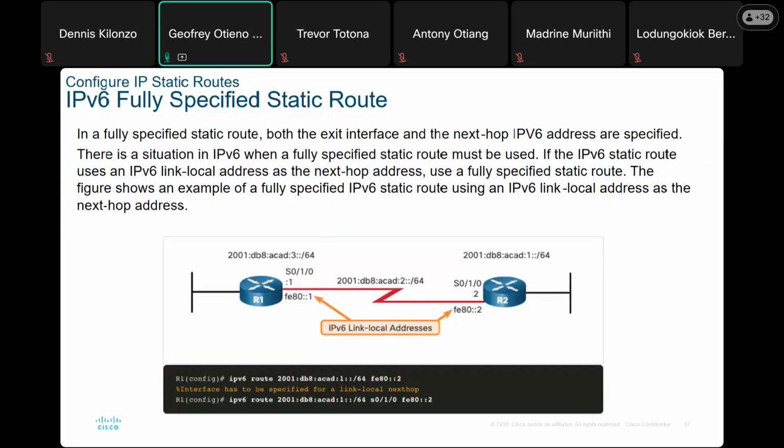The order is the exit interface, then the IP address, the way you have been doing configuration. You cannot just say you want an IP address without knowing where you are configuring that IP address. So interface, then the IP address. In our case, FE80::2 is being used as the IP address for this.